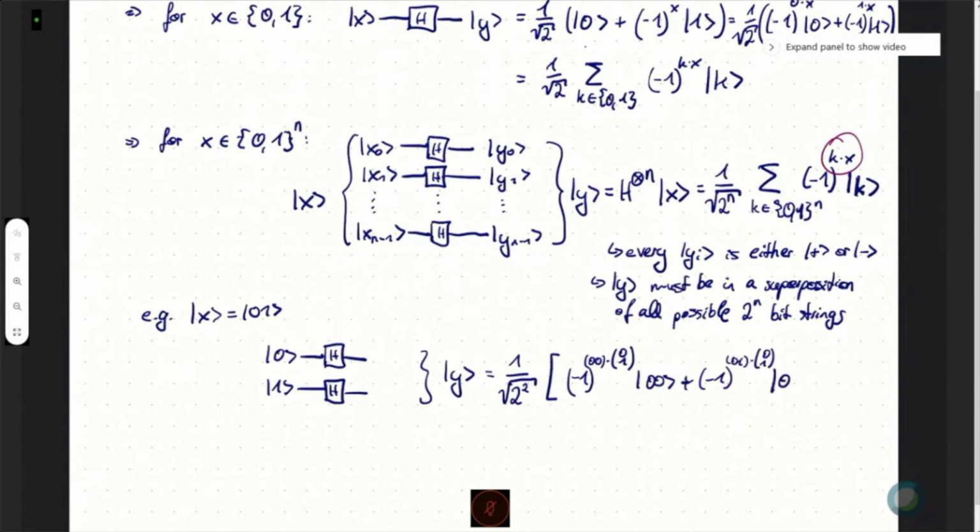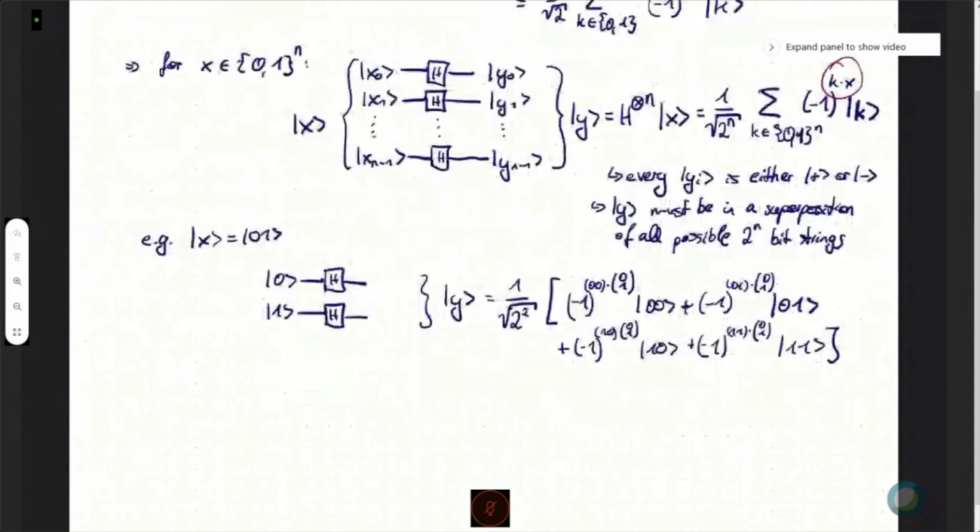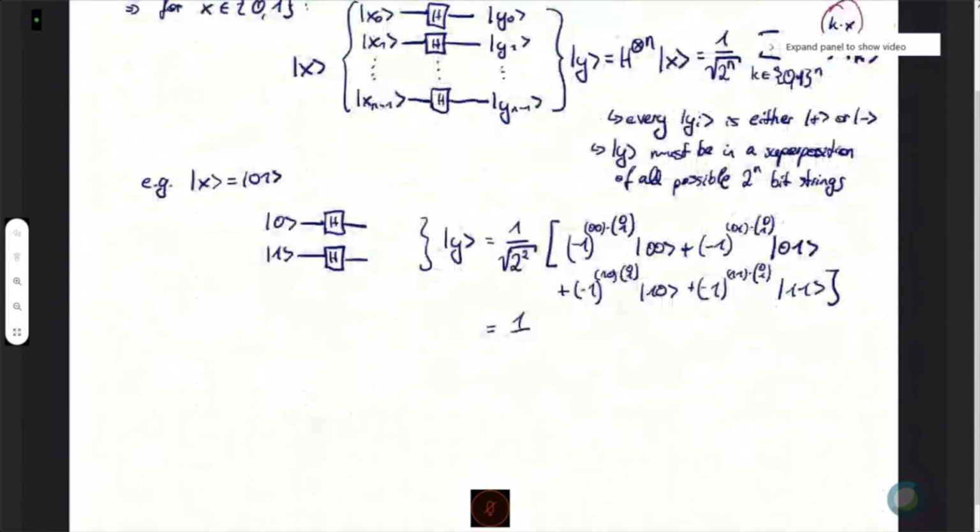And here k is now 0, 1. Then we have k equal to 1, 0. And we have k equal to 1, 1. And if we now simplify this, this 1 over square root of 2 to the power 2 is just 1/2.